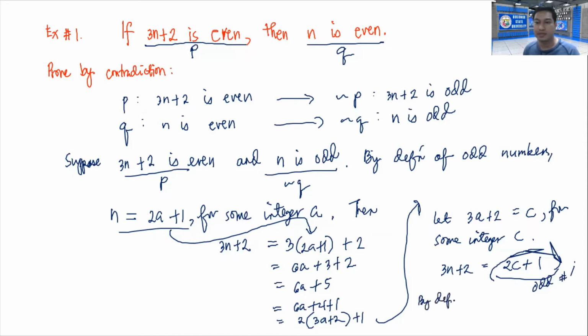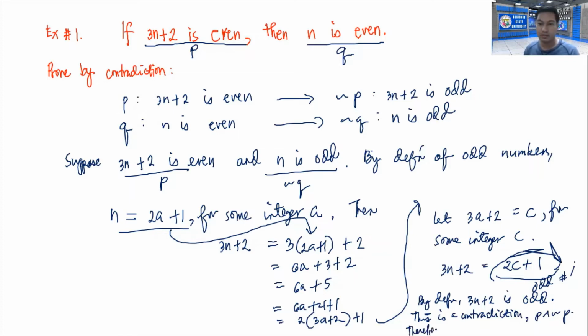By definition, 3n plus 2 is odd. This is a contradiction: P and negation of P.